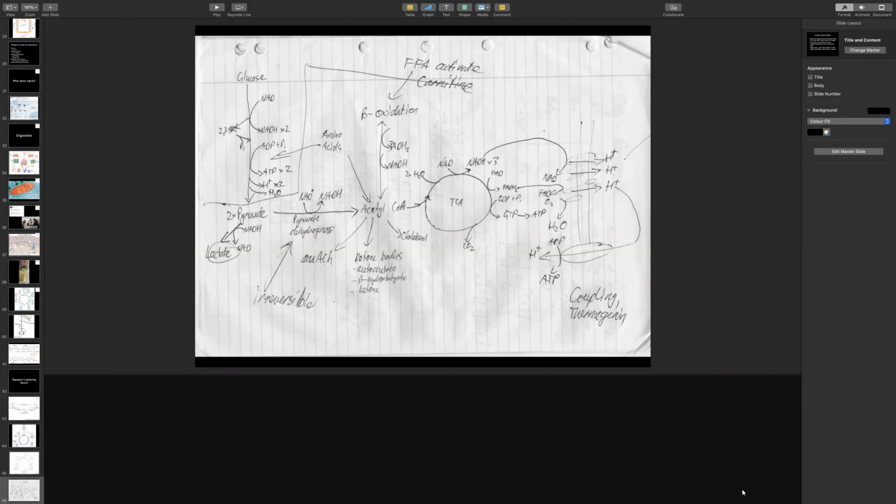In anaerobic metabolism, because of the lack of oxygen, the only way to generate energy or ATP is through glycolysis and the Krebs cycle, and then not using any other substrates to feed into those.